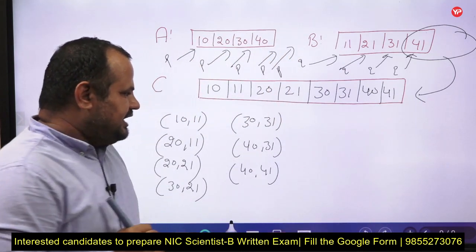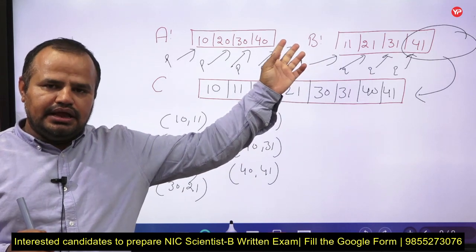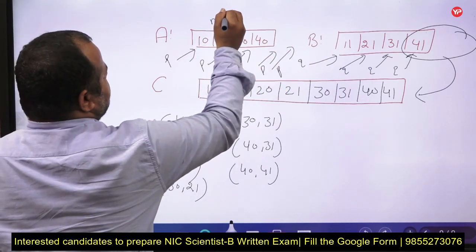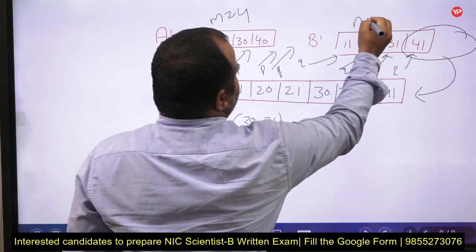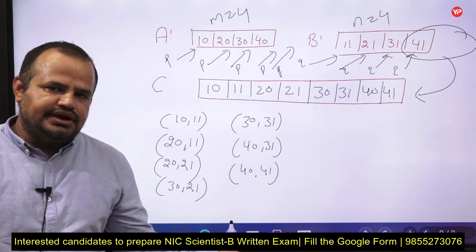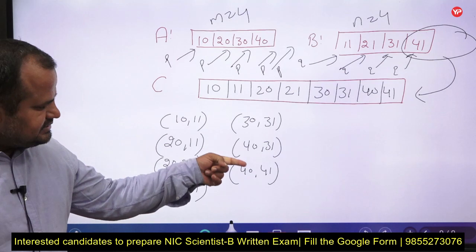Fine. Now tell me, I have two sorted subarrays having size 4. Can you tell me the total number of comparisons required? 1, 2, 3, 4, 5, 6 and 7.